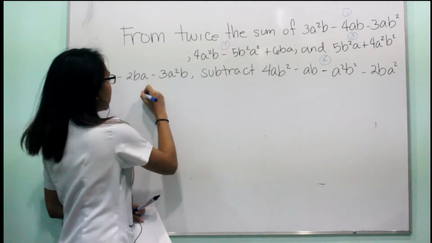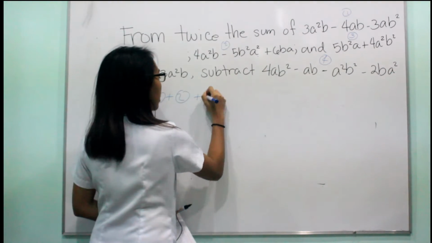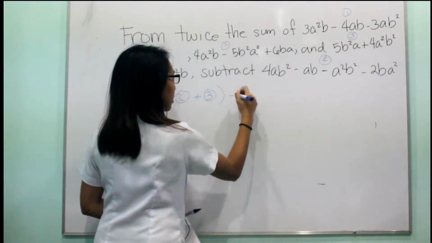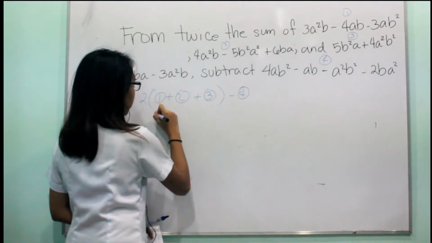So we can write this as twice the sum of 1, 2, and 3 minus 4. When performing the operation, make sure to align the same terms in one column.